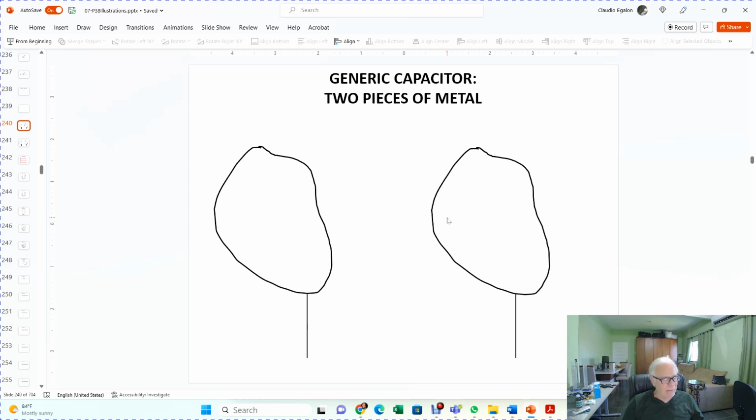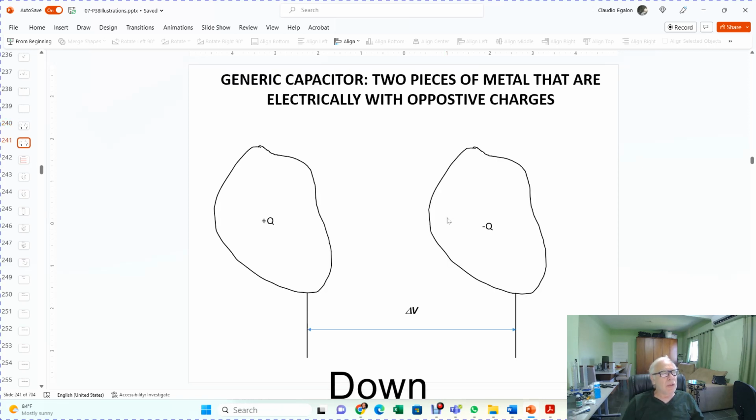This device becomes useful when you charge it. One piece of metal has a plus Q charge and the other piece of metal has a minus Q charge. The charges must be the same, but with opposite sign. When the metals are electrically charged, there will be an electric potential difference between them.